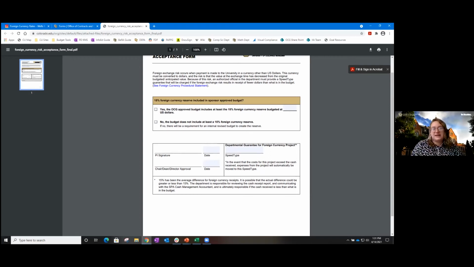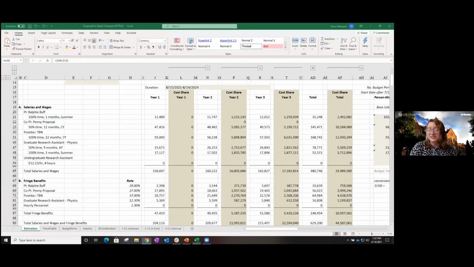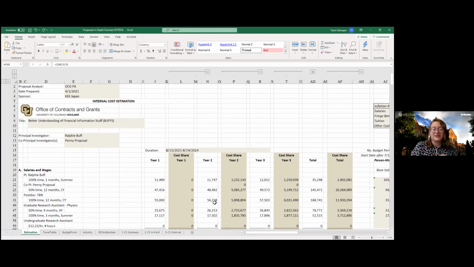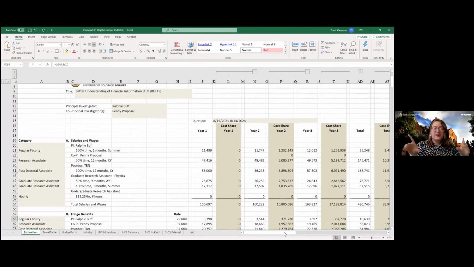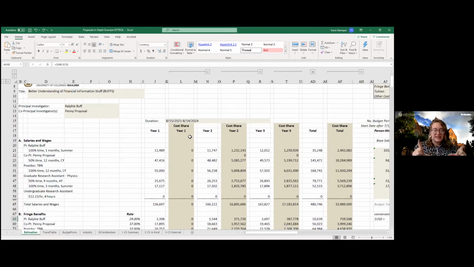And so we need to know where that money will come from in the case that the budget does not cover it. So now that we've talked about the different elements, we're going to go into the estimation tool. I'm going to show you what it looks like to actually have a budget that's prepared in foreign currency. So you notice here we have the cost share columns unhidden.